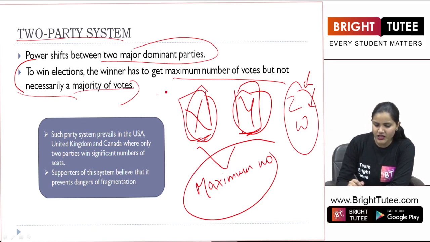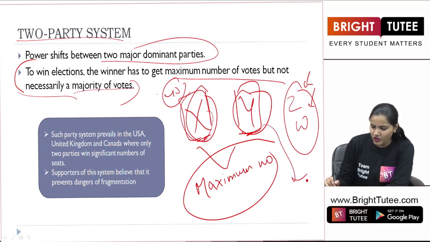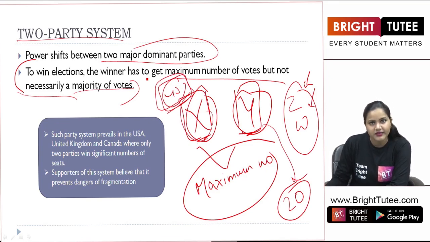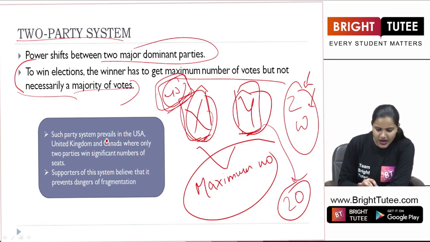So, if party X gets 45 seats and Y gets only 20 seats, the clear winner here is the X party.